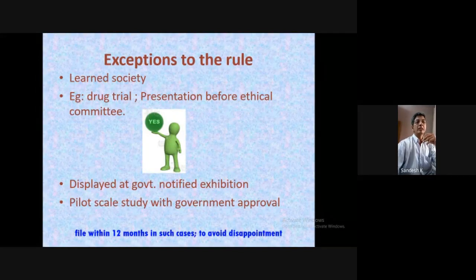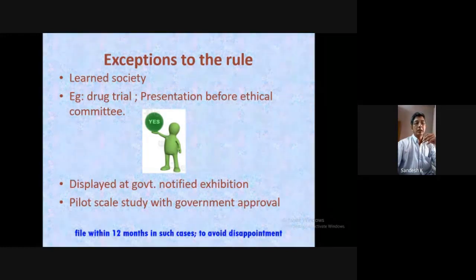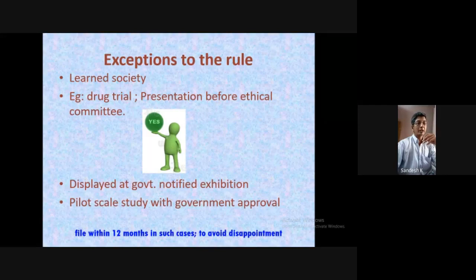It's not a public gathering. So if I present a scientific principle to a scientific committee, and tomorrow I want to go to the patent office, definitely yes, because that is not a public platform. So that is an exception to this rule.